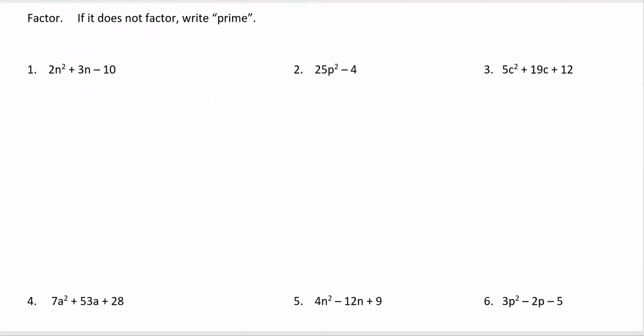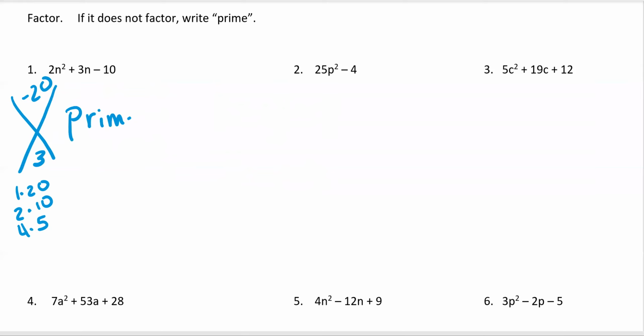Number 1, we need the factors of -20 that add to 3. If you list the factors of 20, you will not be able to get a product of -20 and a sum of 3. So we start off with number 1 being prime.